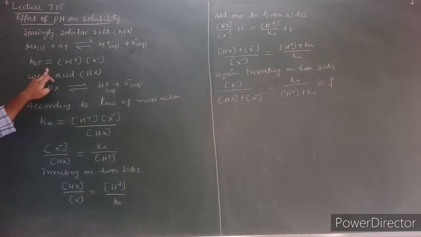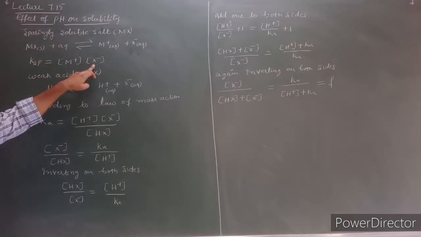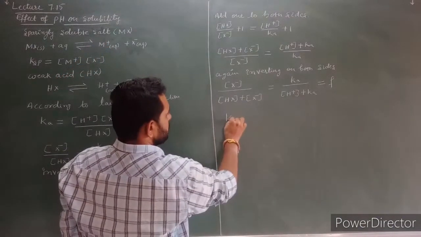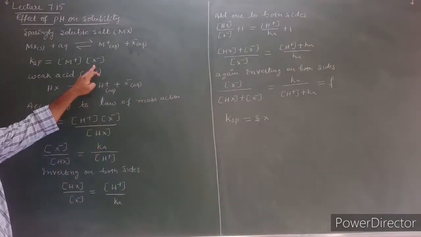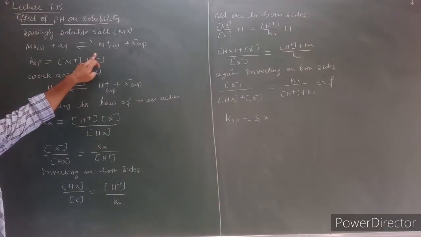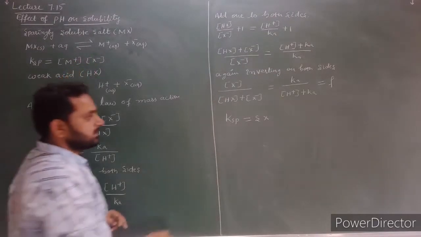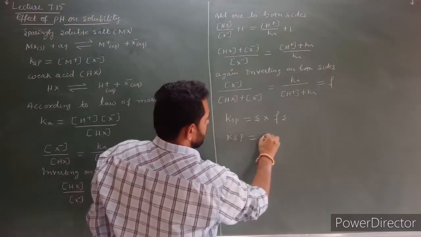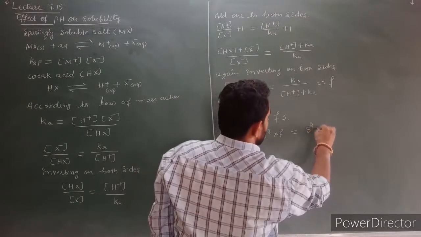Here Ksp is equal to the molar concentration of M+ times the molar concentration of X-. The solubility of 1 mole of M+ is considered as S. So Ksp is equal to S times the molar concentration of X-, which is F into S. The solubility of the X- ion is equal to F into S. Then Ksp is equal to S squared into F. What is F?